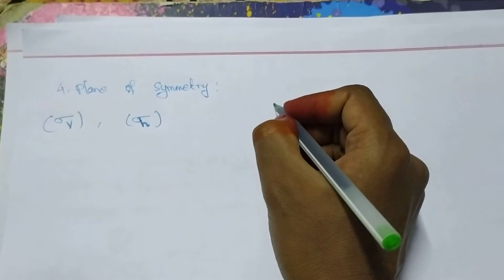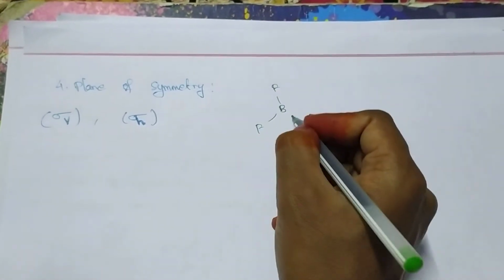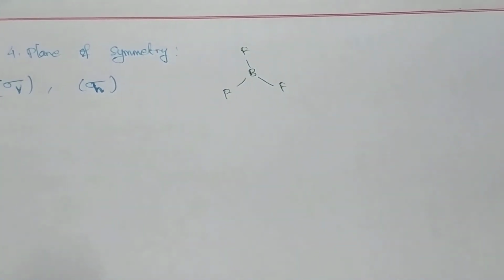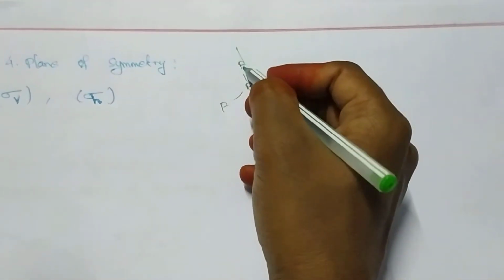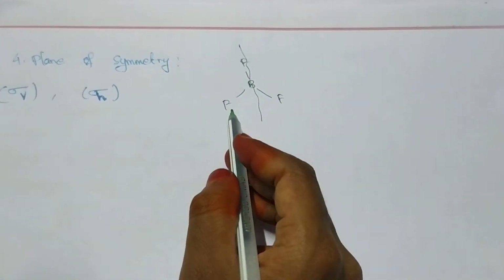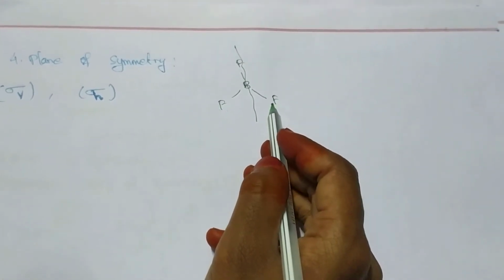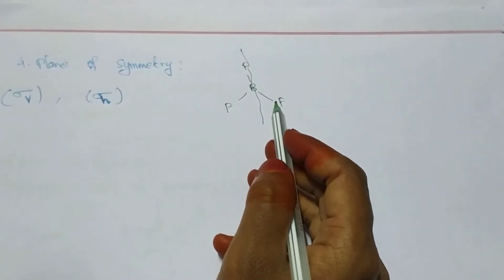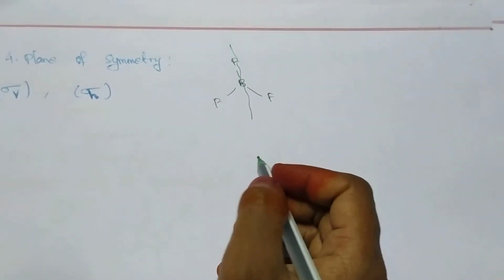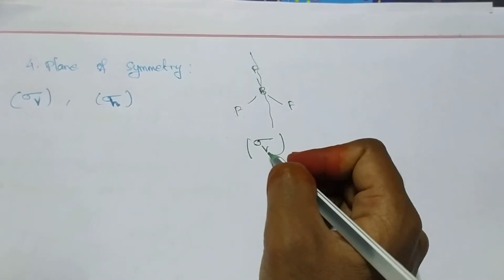Now we take trifluorobromine. We cut this molecule along this axis. This will be the mirror plane of this one. So this compound has a plane of symmetry. And this is sigma v, vertical to the principal axis.